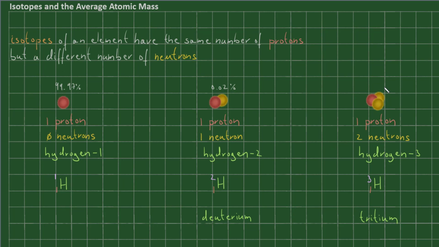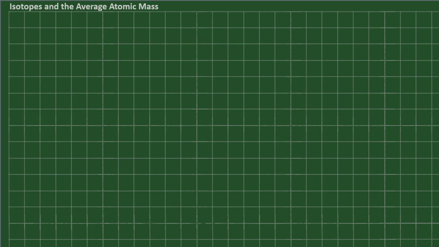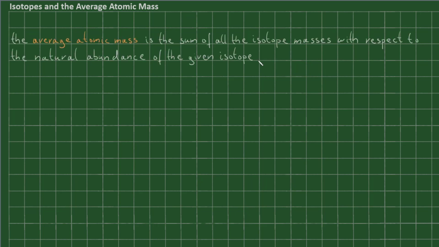So let me get rid of this, like so, and the first thing I want to do is define the average atomic mass. The average atomic mass is the sum of all isotope masses with respect to the natural abundance of given isotopes. Well, that's a lot of words. Maybe a nice mathematical formula will help.